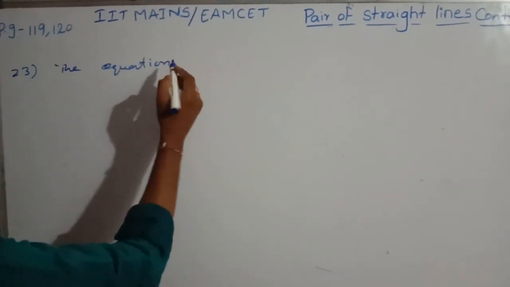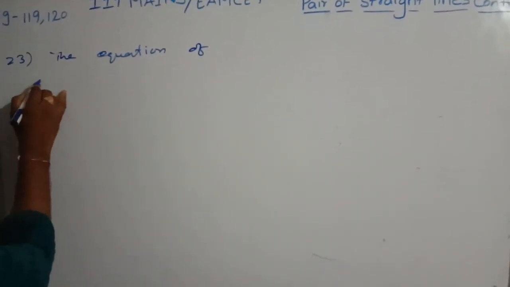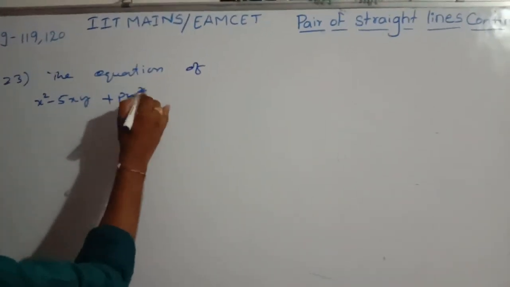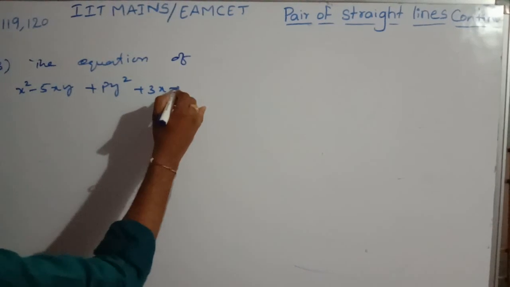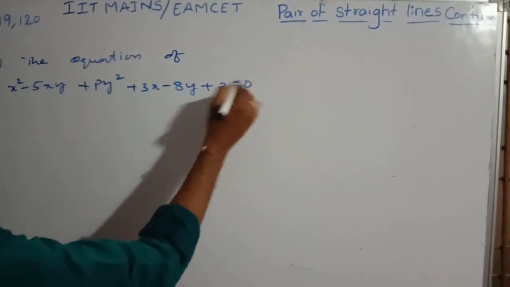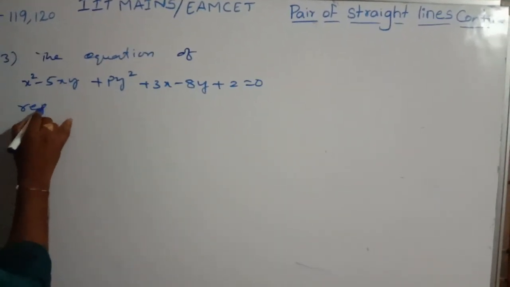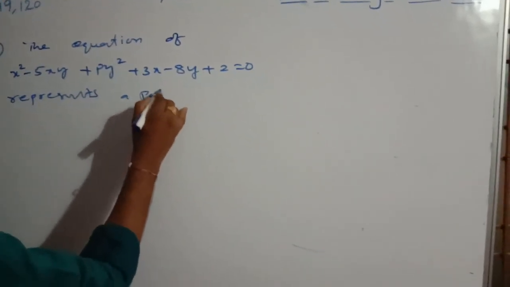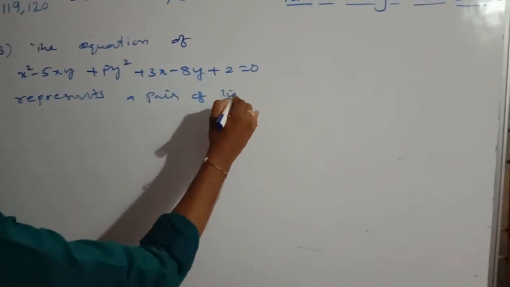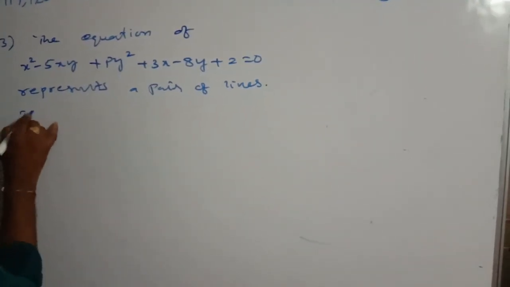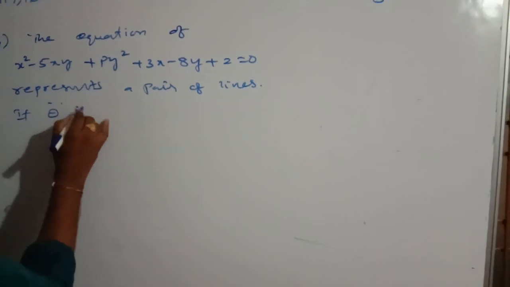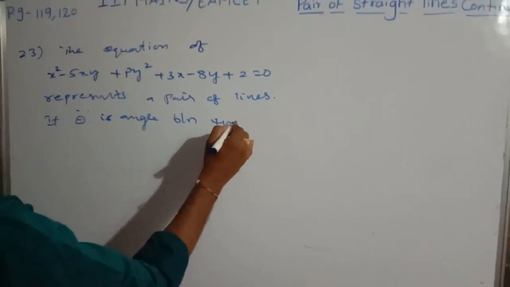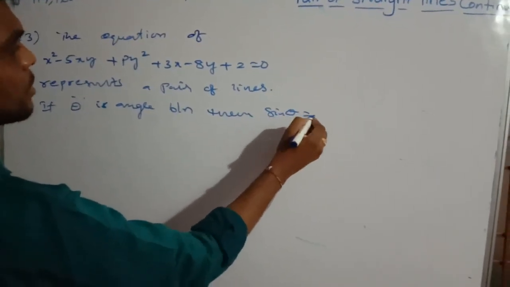If x square minus 5xy plus py square plus 3x minus 8y plus 2 is equal to 0 represents a pair of lines, if theta is the angle between them, then sin theta.